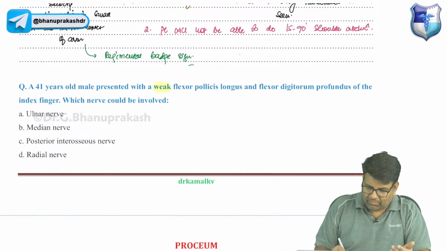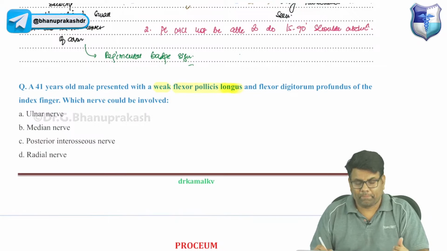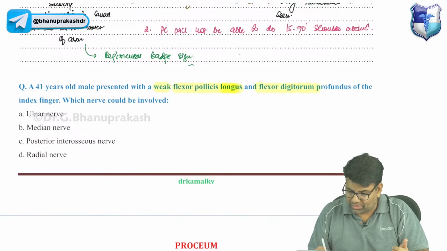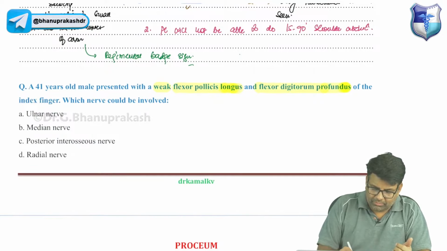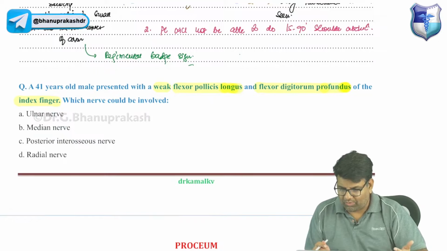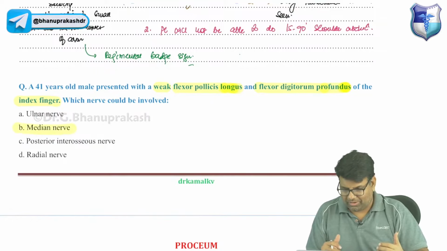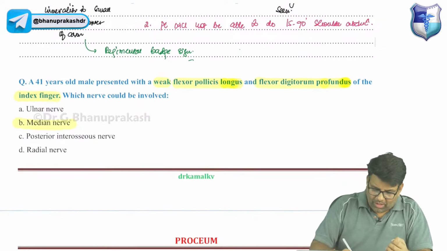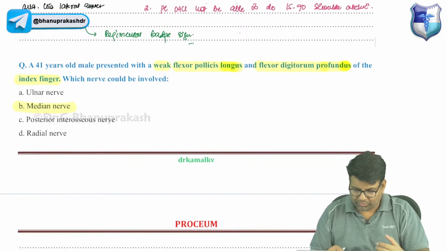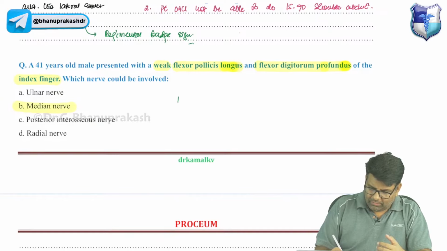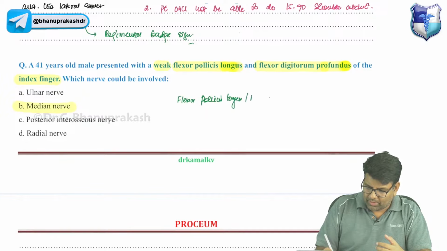There is weak flexor pollicis longus and weak flexor digitorum profundus of the index finger. Which nerve could be involved? This is median nerve, right? Now I'll define it a little bit more. Now there is flexor pollicis longus, right?